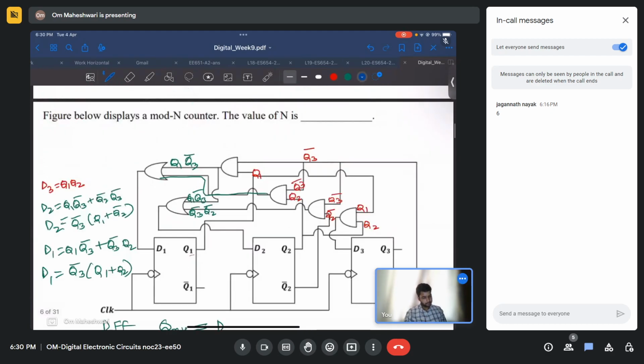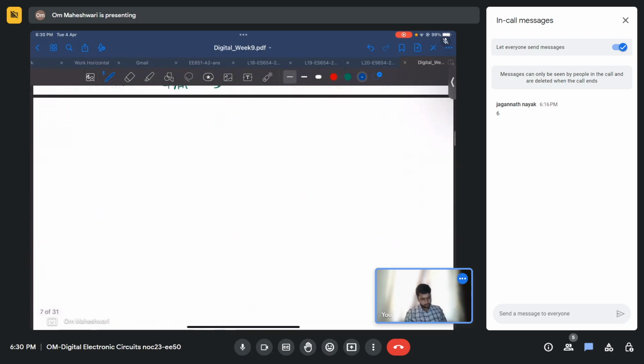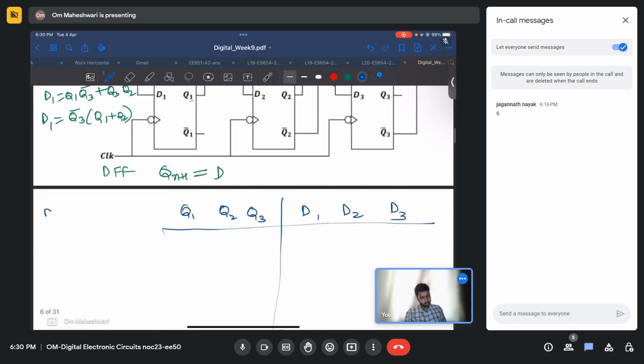We have Q1, Q2, Q3. Let's also write D1, D2, D3. So let us write these equations again. D1 equals Q3 bar times (Q1 plus Q2).